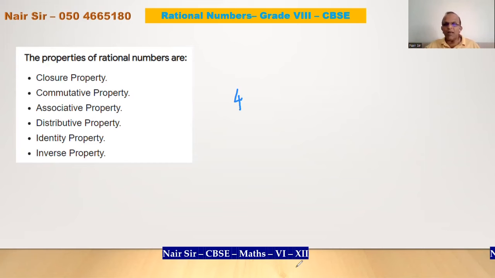Can I add 1? But when I add 1, this becomes 5. It has changed the identity. So the identity means 4 plus 0 is equal to 4. This is the identity property for addition.